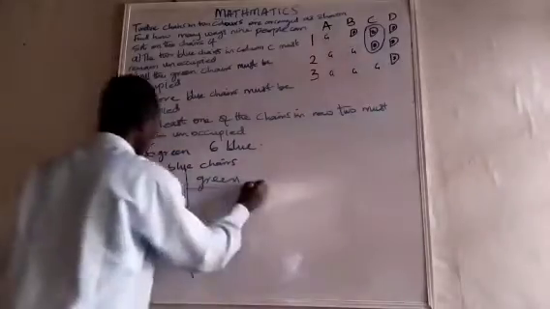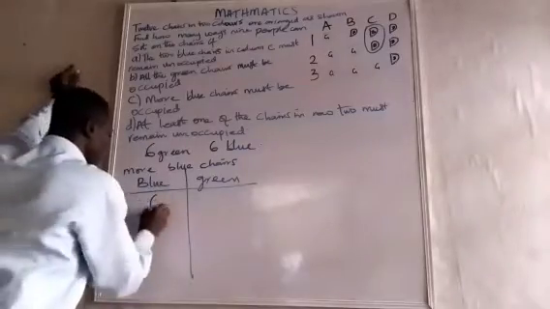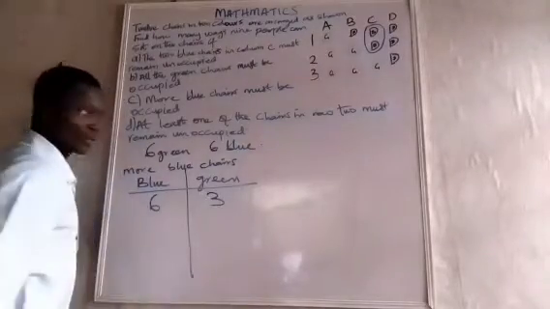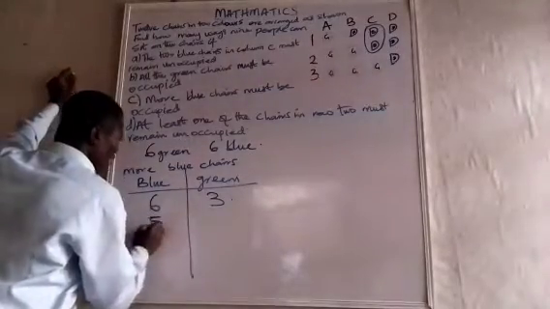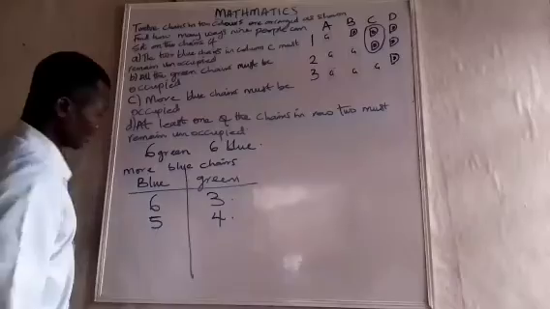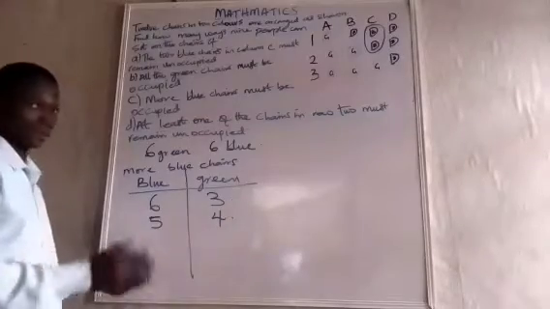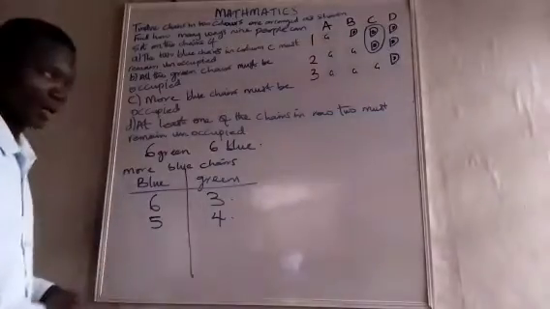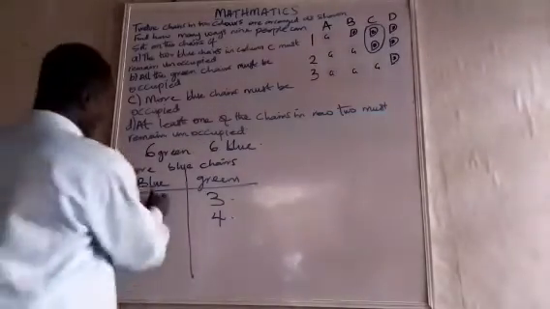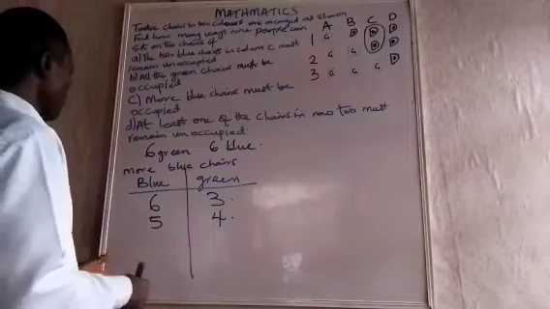We can either have 6 blue chairs and 3 green chairs, or 5 blue chairs and 4 green chairs. But anything less than this will not give us the condition in the question. So 6 and 3, and 5 and 4.